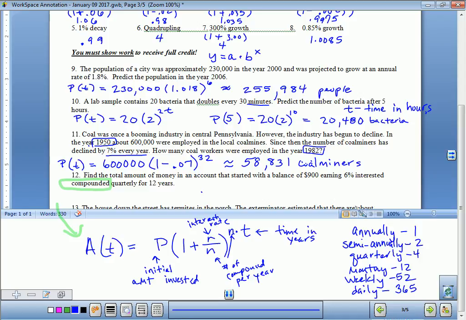Those of you that have a savings account, what is your savings account currently earning in interest? Almost nothing. I think mine is 0.25%, which as a decimal would be 0.0025, generally compounded monthly.